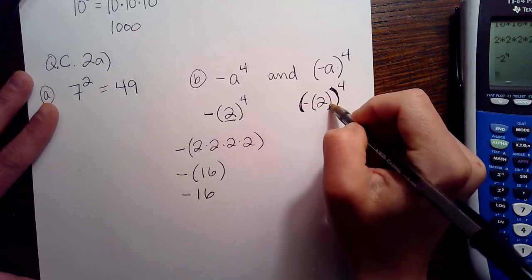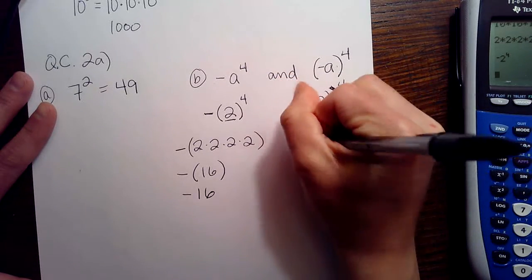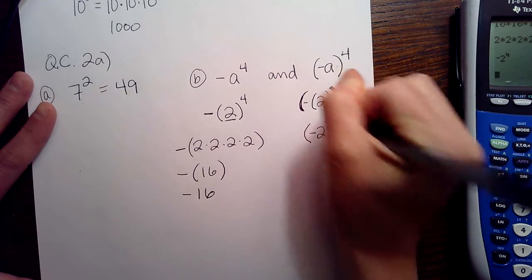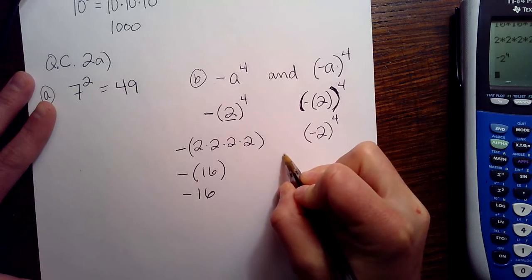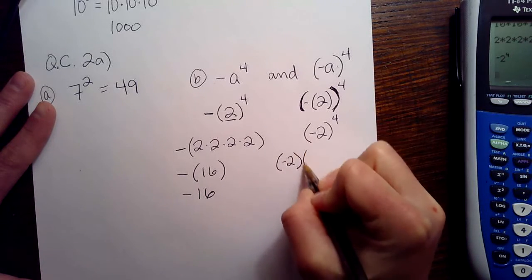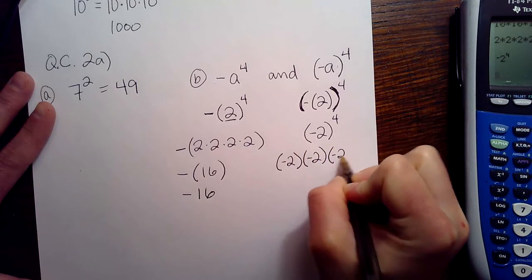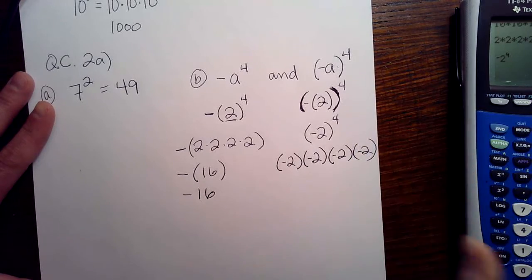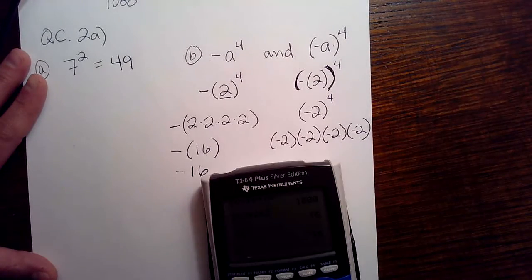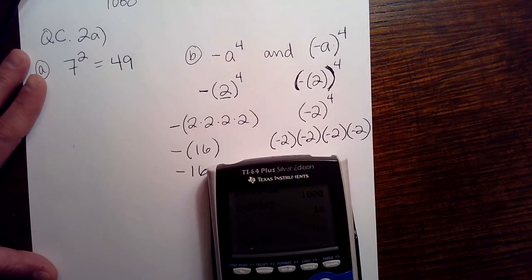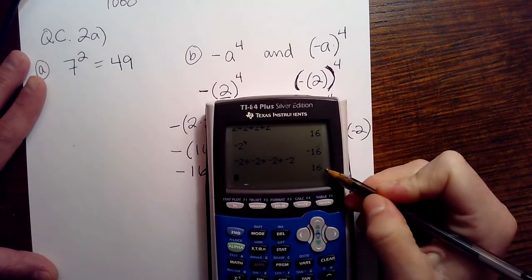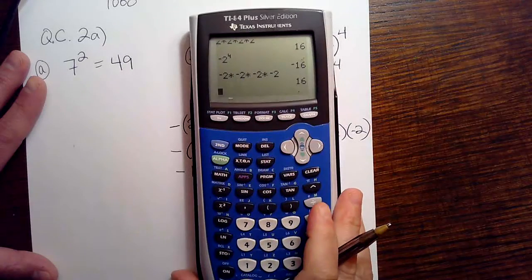Well, negative and 2 are the opposite of 2. So my base is negative 2. That means I am multiplying negative 2 by itself 4 times. If I try that in my calculator, negative 2 times negative 2 times negative 2 times negative 2, I get, can you see it? Positive 16.